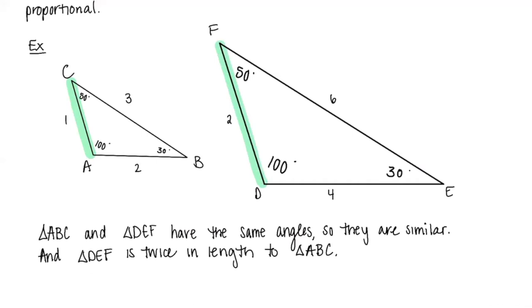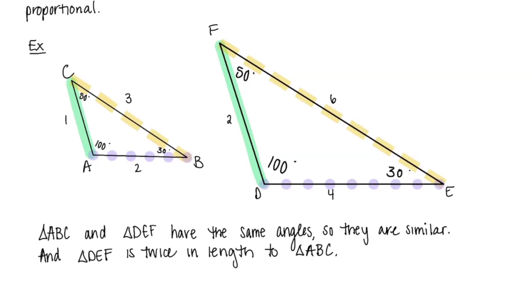If I look at the side connecting the 50 and 30 on each triangle, 2 times the length. And then if I connect the 130, 2 times the length. So those sides correspond to each other.